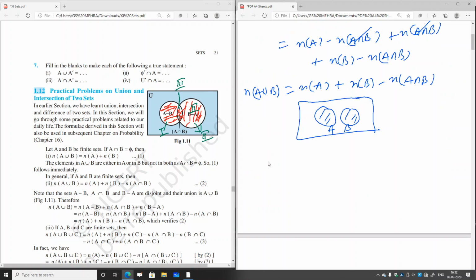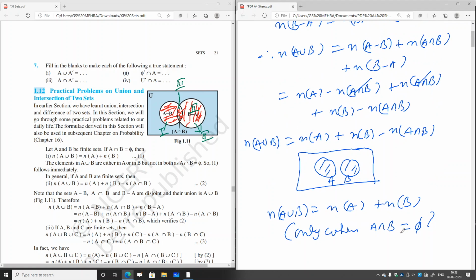In this case, N of A union B will be equal to N A plus N B only when A intersection B is an empty set. This is not a new case, because when A intersection B is empty, the number of elements will be 0. So we get N of A union B equal to N A plus N B.